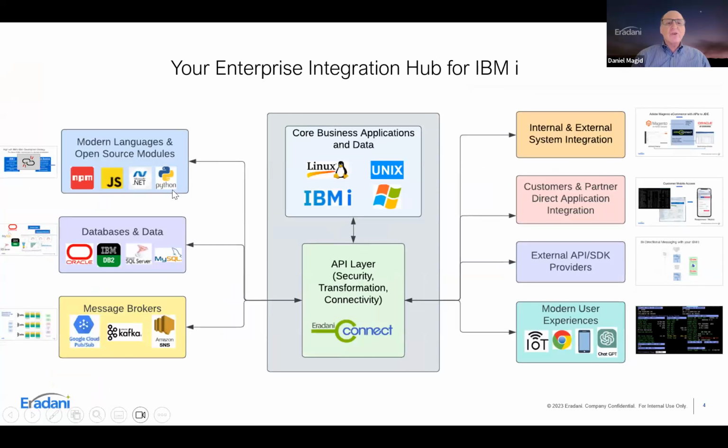And then you can use the modern languages. So if you want to, you can say, you know what? I want to start taking advantage of modern languages because that gives me access then to the millions, literally millions of developers who know languages like .NET and JavaScript and Python. So I want to be able to add that to the things that I do. So the next enhancement that I make to my application, instead of making it in RPG, maybe I make it in Python or make it in JavaScript.